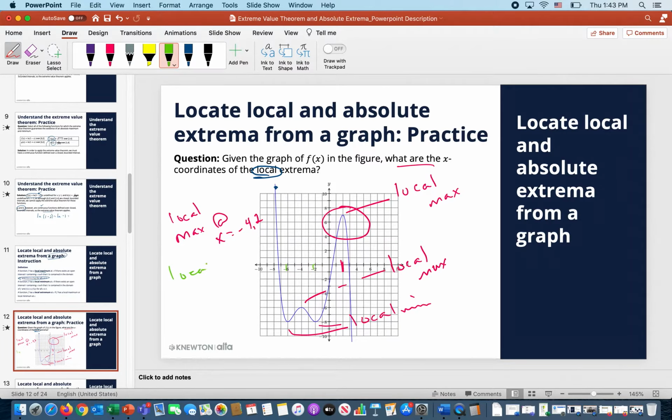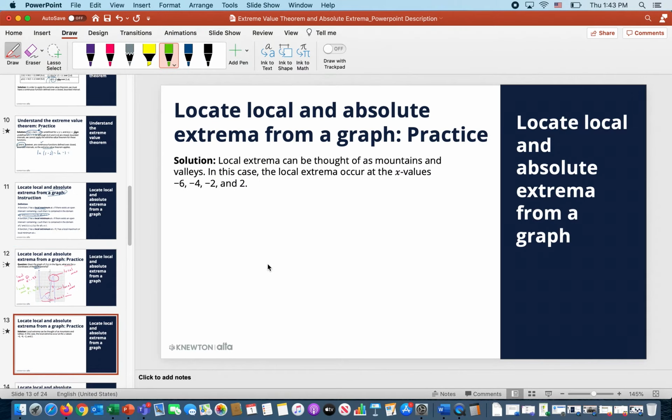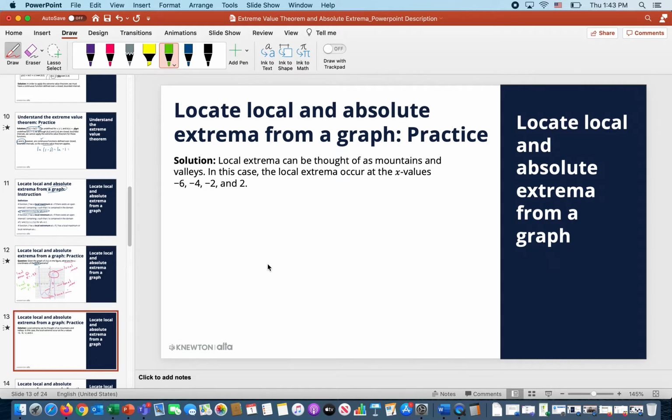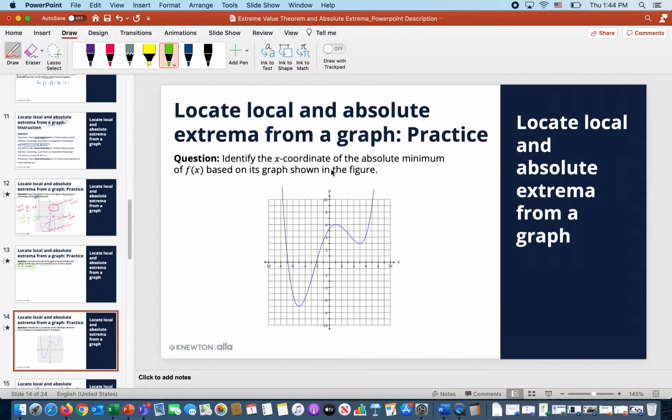So local min at x equal -6 and -2. You can follow along right here, and they lump them all into one list, right? So it says the local extrema. The question didn't distinguish between local max and local min. It just said local extrema. So we want to list those max and mins together when you see that.